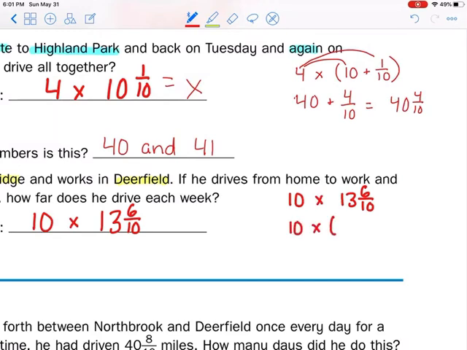If I separate that, it would be 10 times 13 plus 6/10. 10 times 13 would be 130.